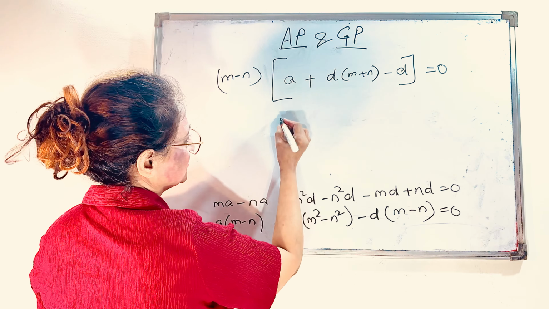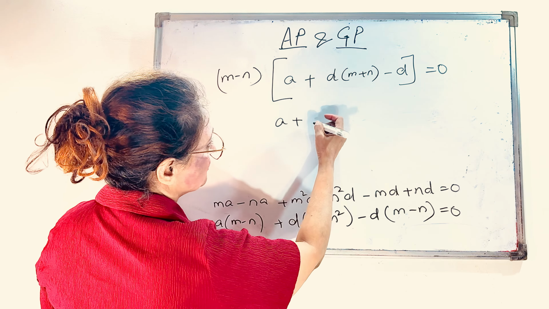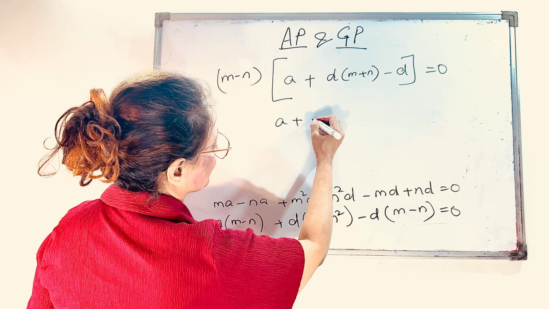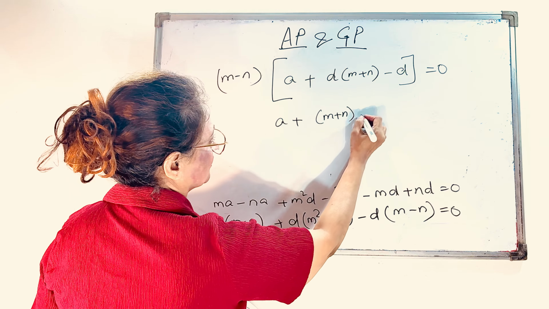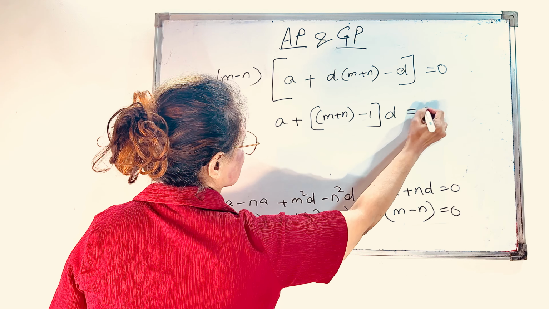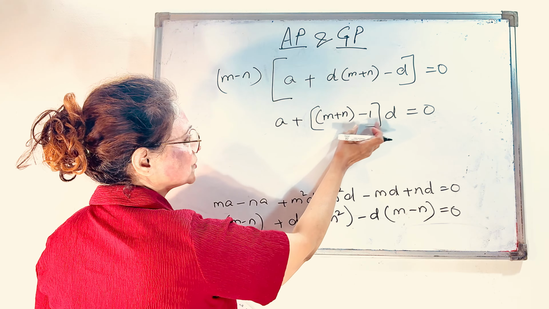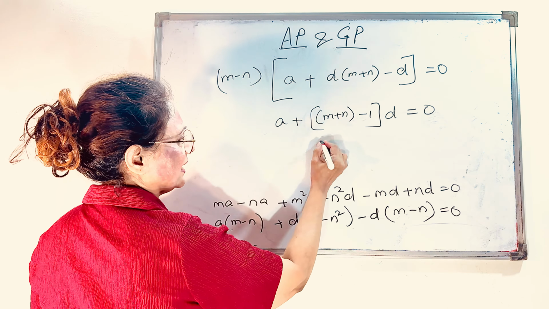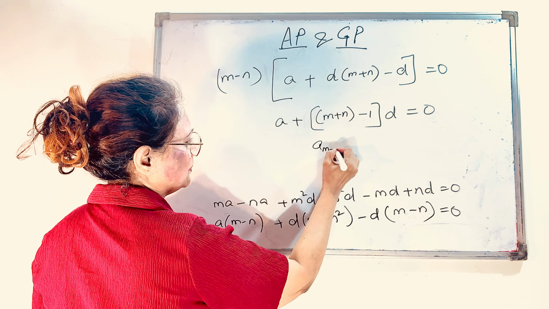Hence, the other bracket is 0. Let us write them in the form we need, taking d common: a plus (m plus n minus 1) d is 0. That is the (m plus n)th term. That is 0.